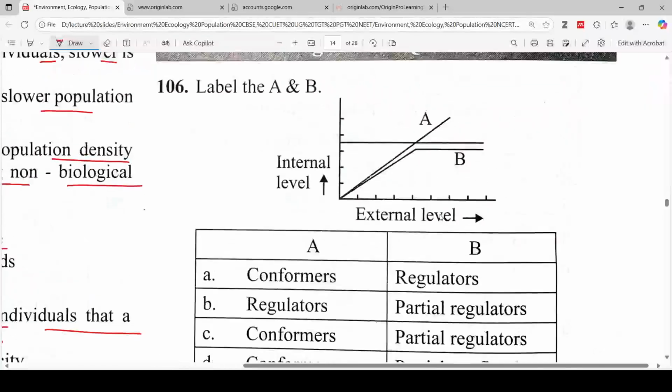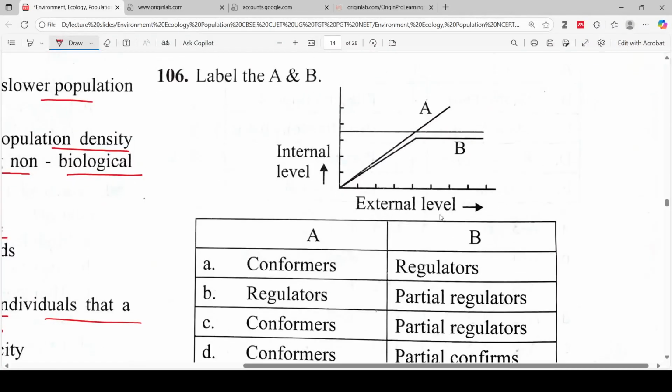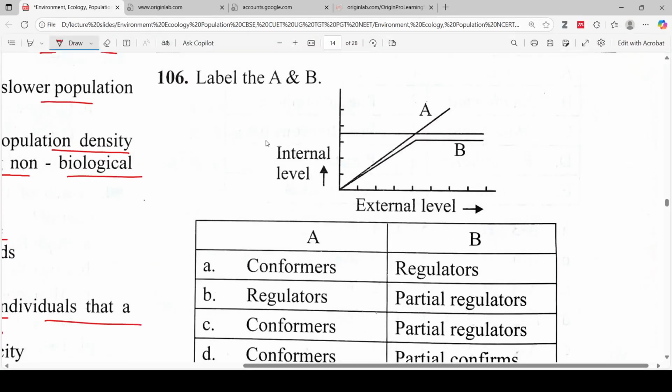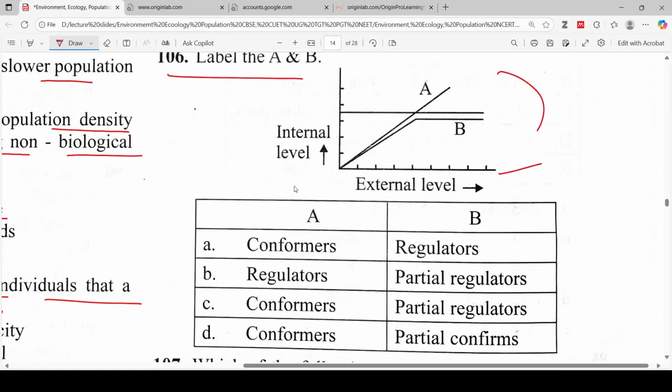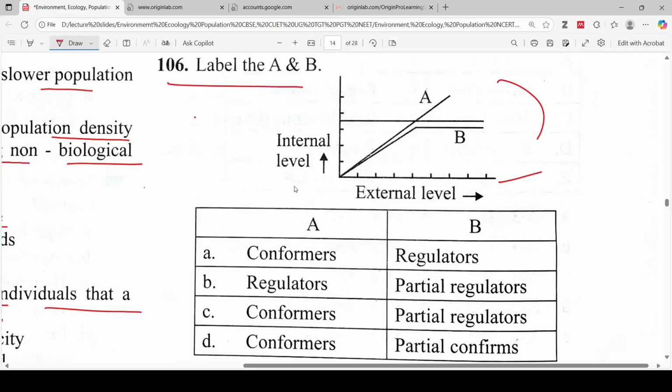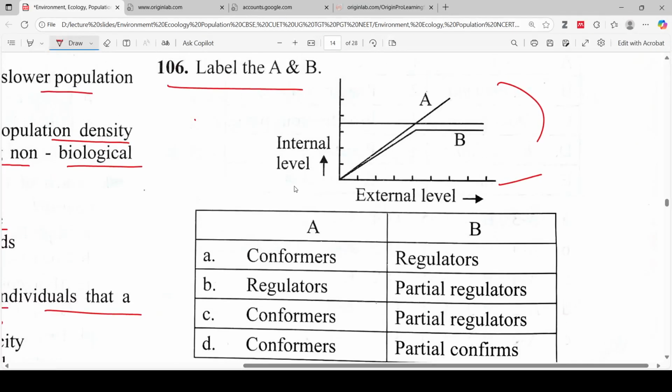Next question. Here the regulator and conformer image are given, so you have to label the A and B. A conformer, B regulator.